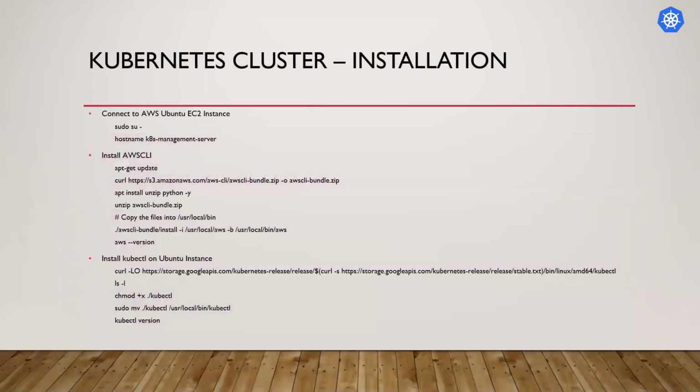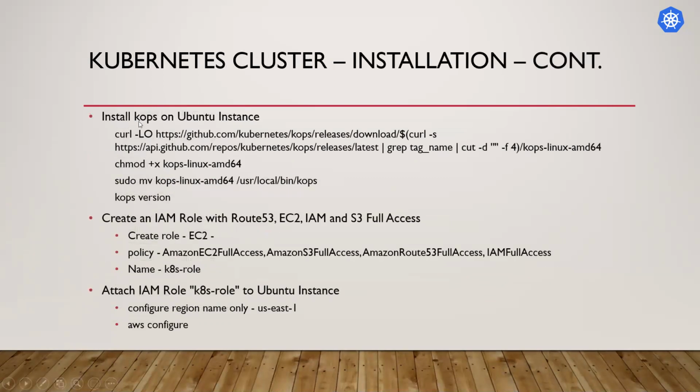For the kops installation, we need to create one Ubuntu system, or we can take our local system anywhere. There we will install the AWS CLI, and second, kubectl. And after installing kubectl, we will install kops.